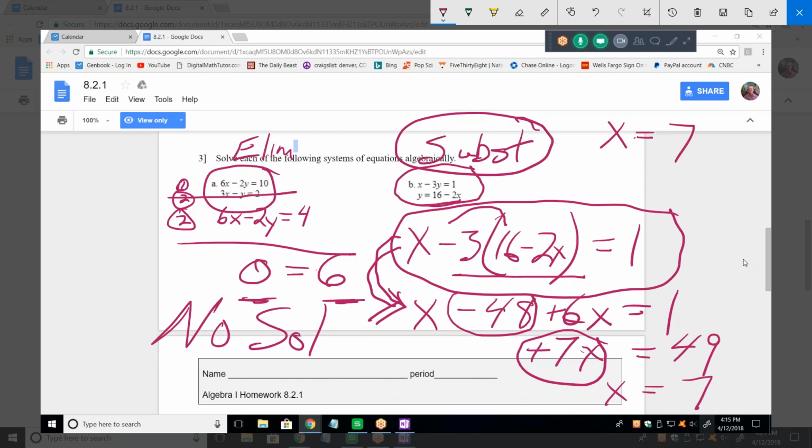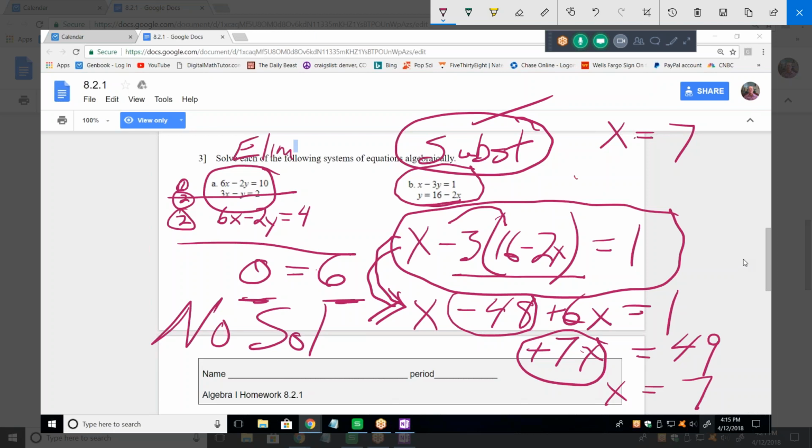Now what? How do I get y? Do we do the... Again, use substitution. All right. Which equation is going to let us solve for y? Equation 2. Okay.